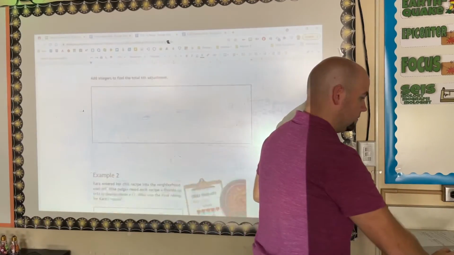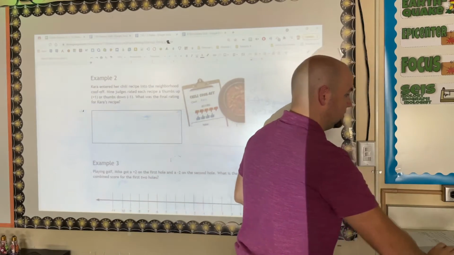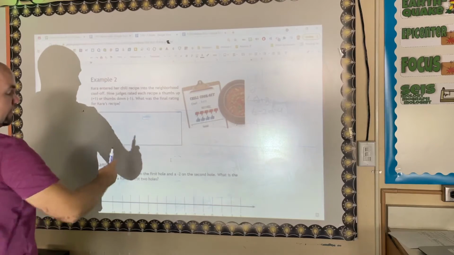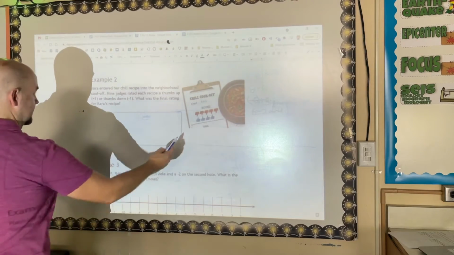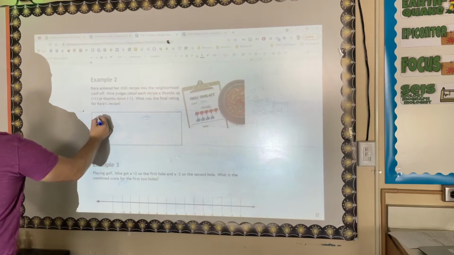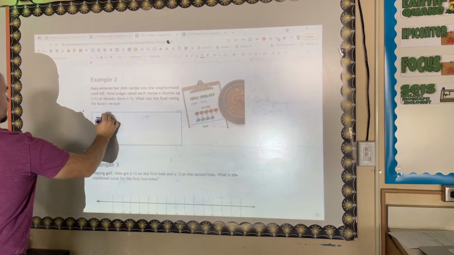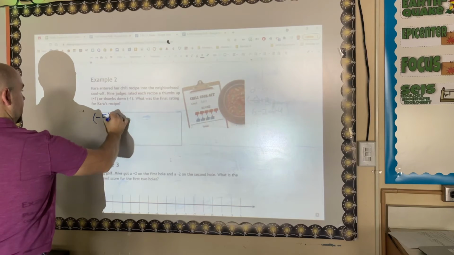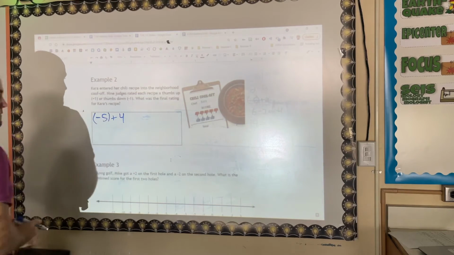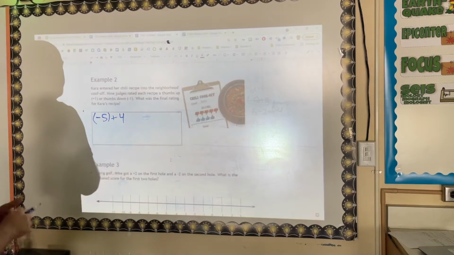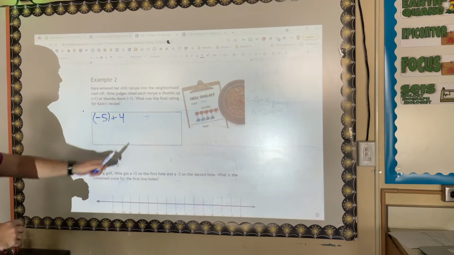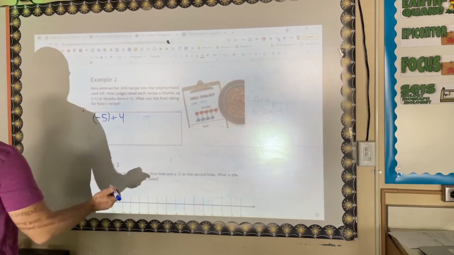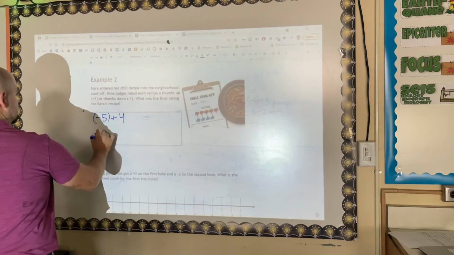Next example. Kara entered her chili into a chili contest, and the judges are giving thumbs up or thumbs down. She got 5 thumbs downs, so she's got negative 5, and then she got 4 thumbs ups. So negative 5 plus 4, they are different signs. Their signs are different, so we're going to take the difference of the absolute values.